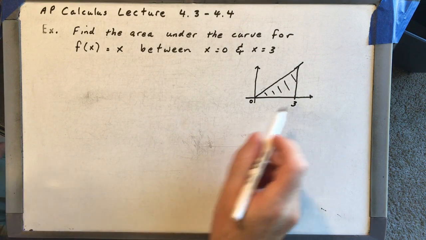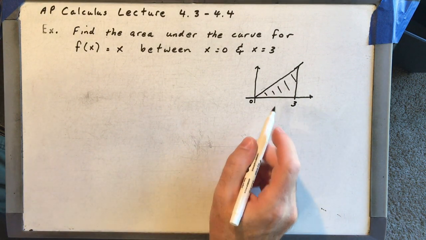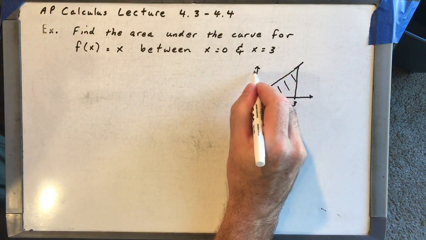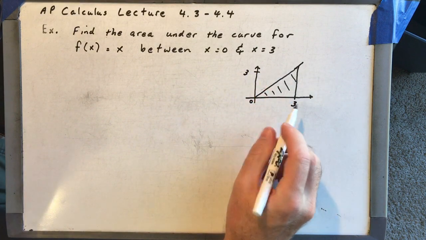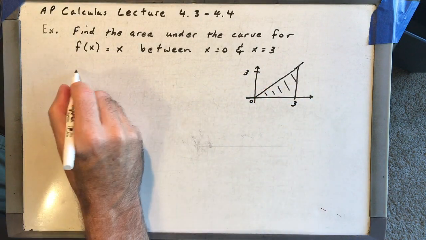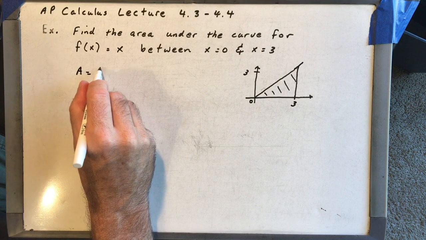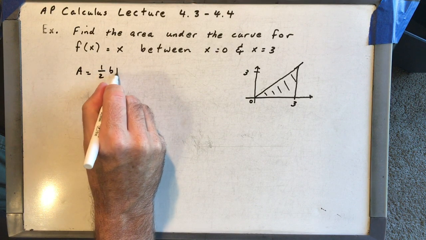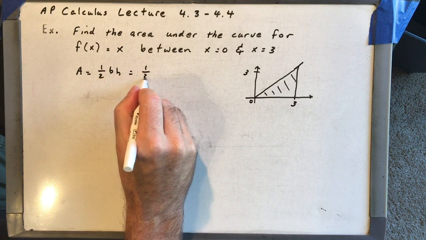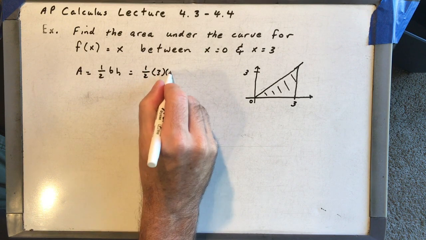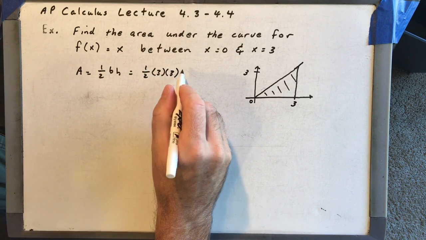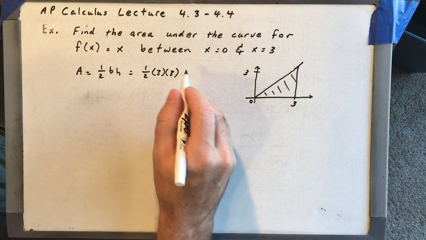So we want to know the area under the curve. And the height of this thing would also be 3, right? Since f of x is equal to x. So we know for a triangle, area is equal to 1/2 base times height. So that's 1/2, 3 times 3, which would be 9/2.